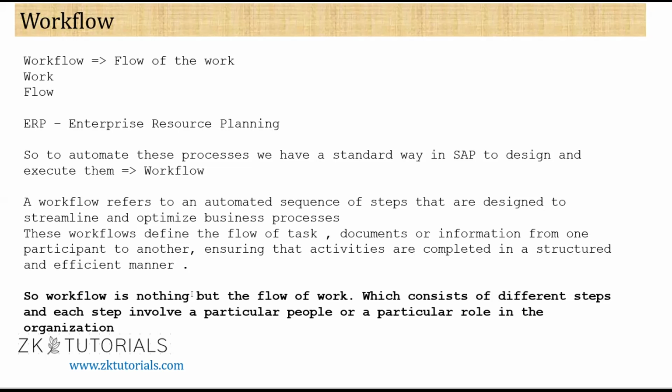All this will happen in the SAP system only. The mail will not be sent as a mail, but it will go to the manager's inbox. From there, he or she, your manager, has to approve or reject it. Based on that, you will receive an email. We will implement something like that.